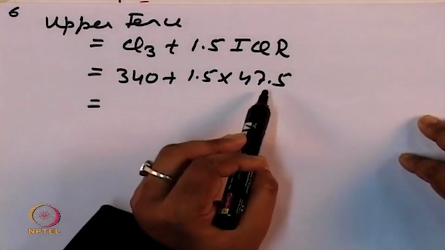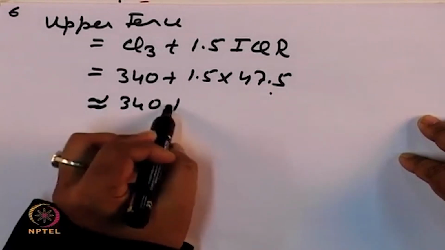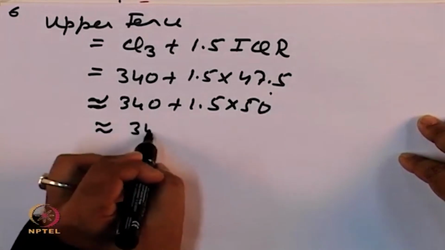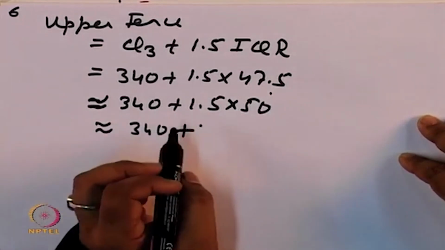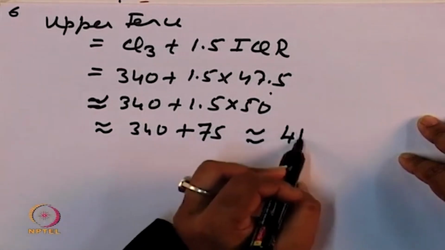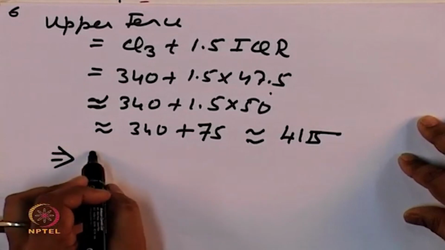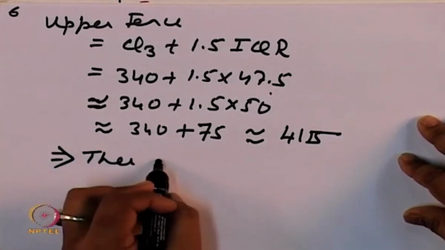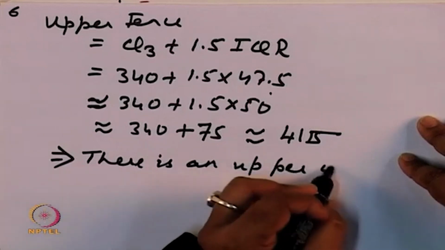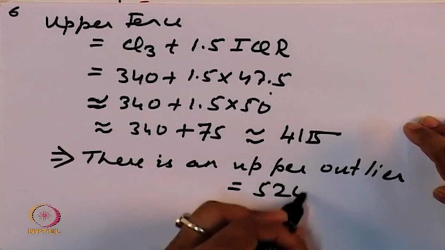If I assume this as 50, this is approximately 340 plus 1.5 times 50, so approximately 340 plus 75, which is roughly 415. So, this implies that there is an upper outlier, and the value is equal to 520.